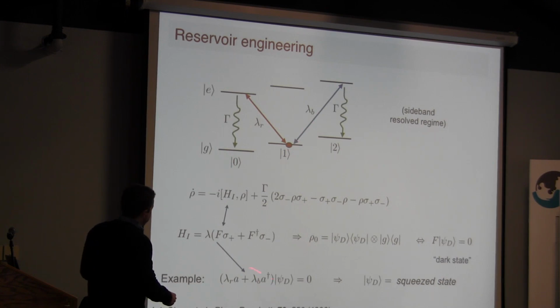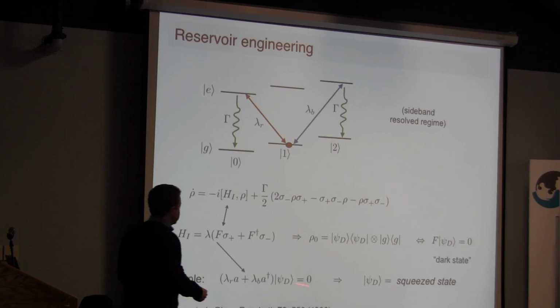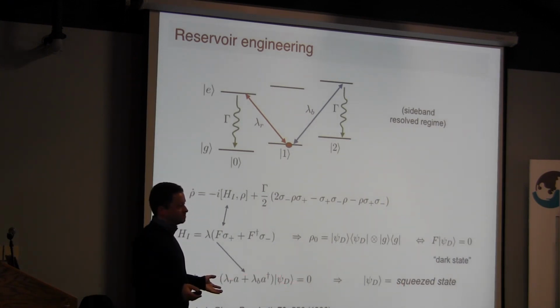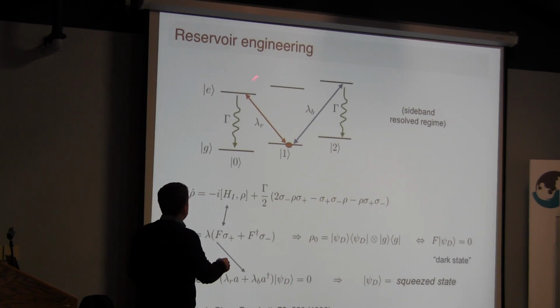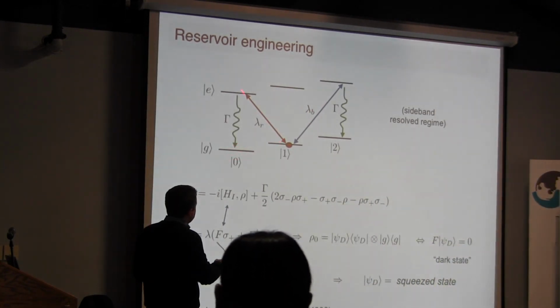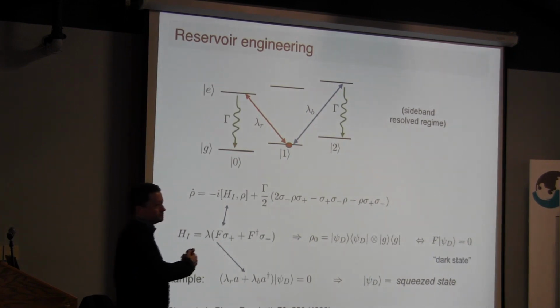And now I can ask which state actually satisfies that this operator acting on the state is 0? If you work it out, you find that the state that satisfies this condition is a squeezed state. And in principle, if this is much larger than this transition, it's a squeezed state very close to the ground state. And if these are almost equal, it's a very strongly squeezed state.